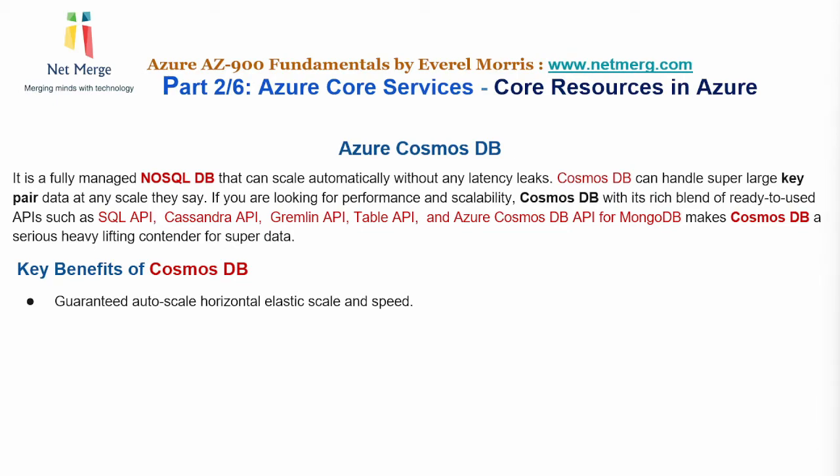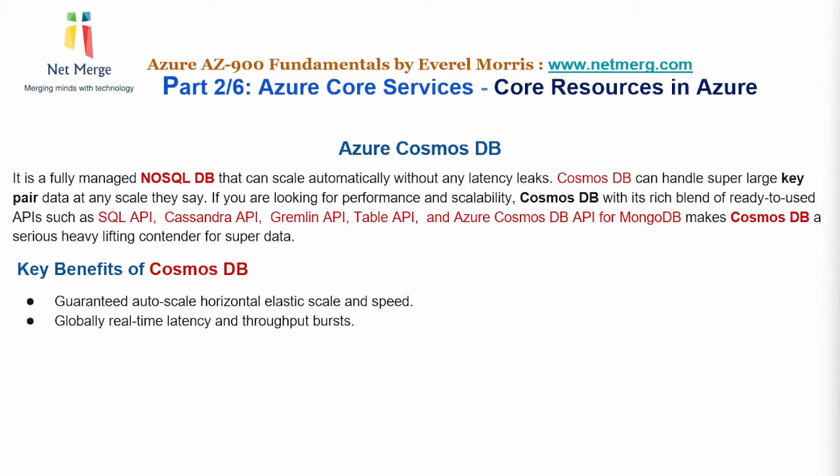Yep. So you get guaranteed auto scaling with Cosmos DB, and that is elastic scaling. You scale in and out, and you get speed with the Cosmos DB. So if you're looking for a non-SQL database, it's an excellent choice. Also, the next benefit is you get global real-time latency and throughput burst.